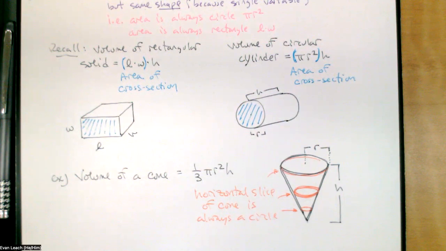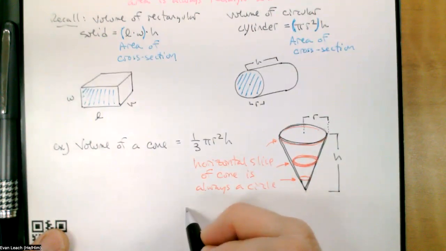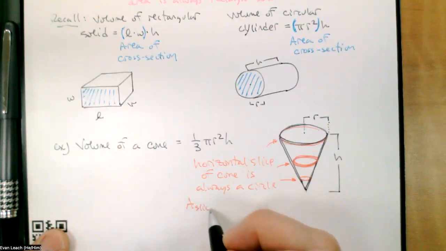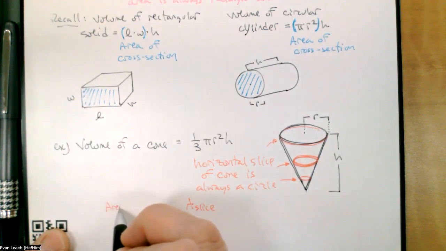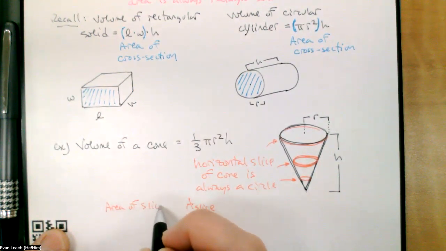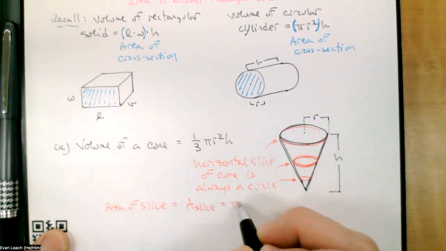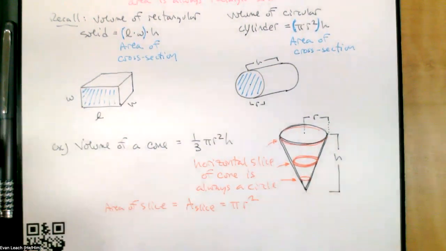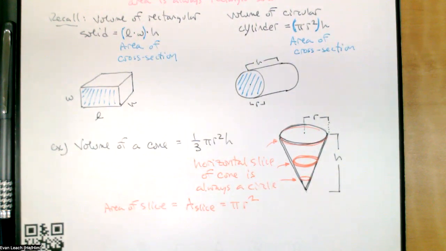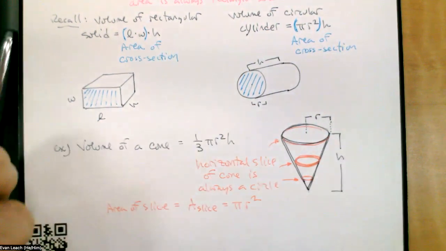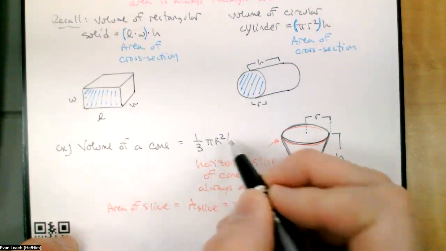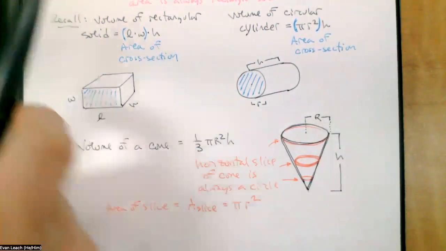The radius is variable, but the shape is always a circle. So we can always say that the area is pi r squared, but the radius is variable. So the area of a slice is going to be pi r squared, but r is variable. It's not the fixed radius of the cone.